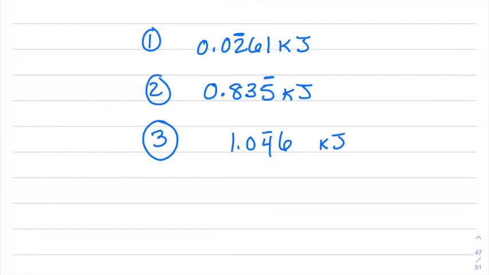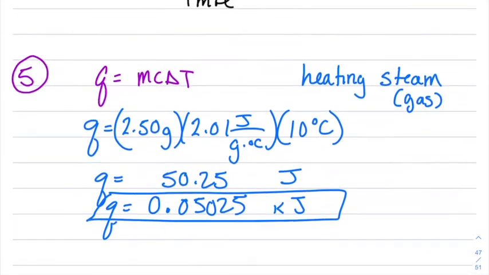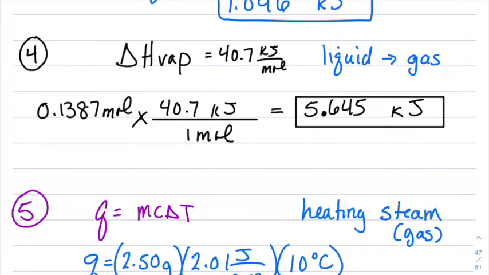Any questions about why I called that 100 exact? Or anything else so far? All right, next up will be number 4. And here's our number 4, and it looks like we had 3 sig figs coming from that delta H of vaporization. So this will be 3 sig figs as well.